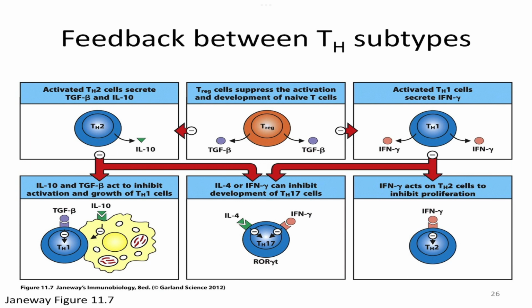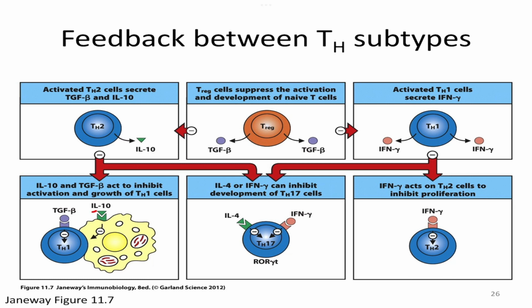But what we also have seen is that all of our different helper T cell subsets have feedback with one another. Not only do they induce positive feedback to induce more of their type of subset, but they also will induce negative feedback so that they inhibit the differentiation of other cells. And so you can see, for example, a Th2 cell will lead to more Th2 cells.